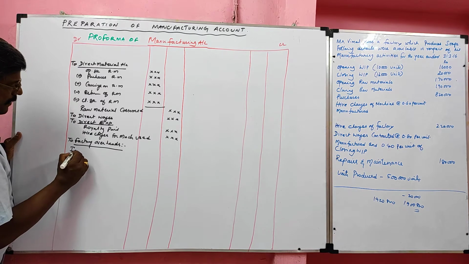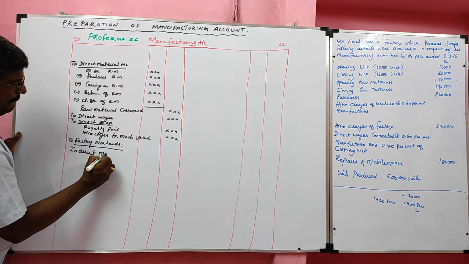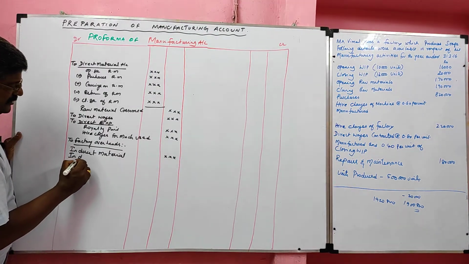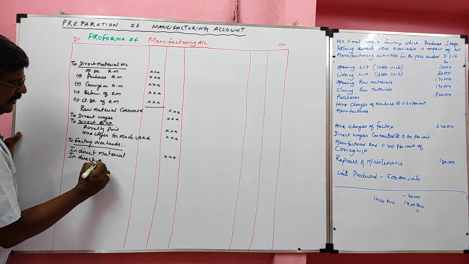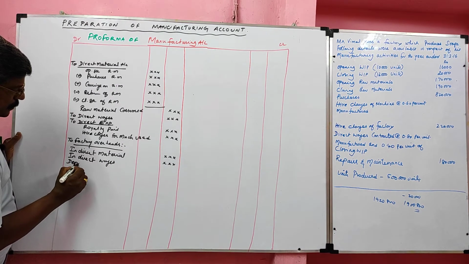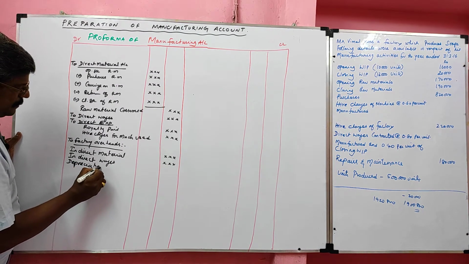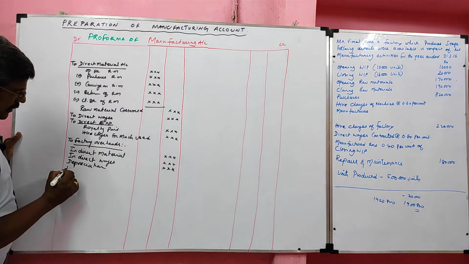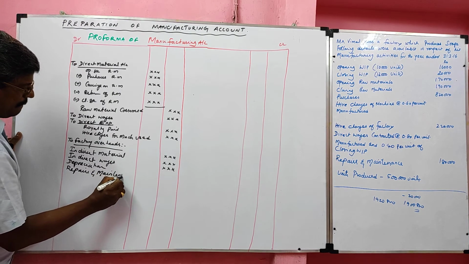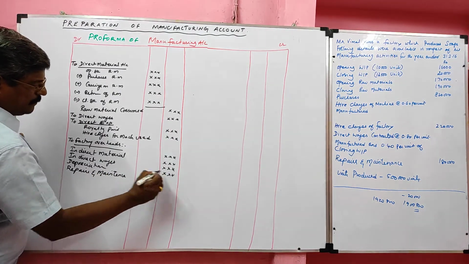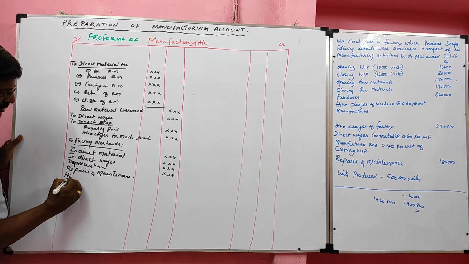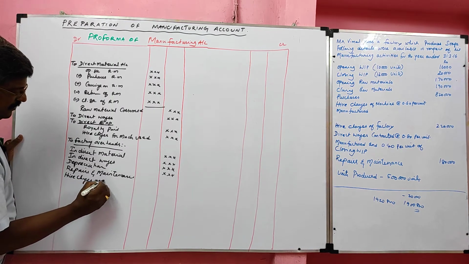Here indirect material, indirect wages, depreciation, repairs and maintenance, next hire charges of factory.